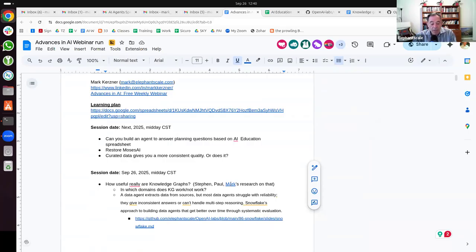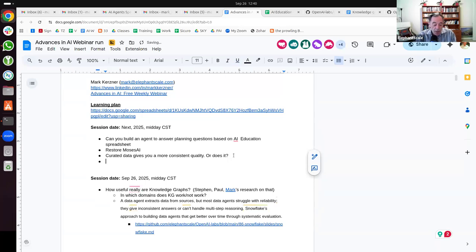I need to show an example where it was not just in general blah blah good example, but so the first statement is curated data gives you better quality or no, and the second, a shining example of knowledge graph. All right, we are kind of set for the next time.